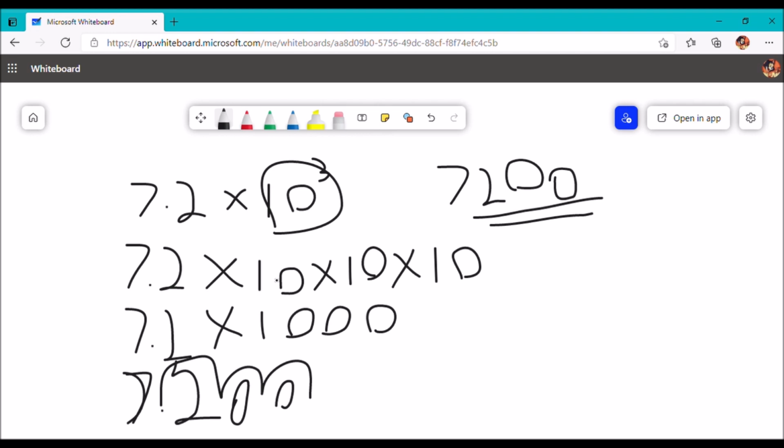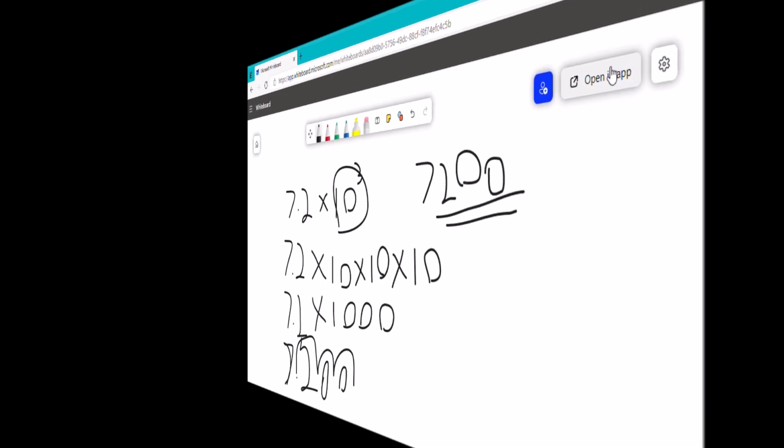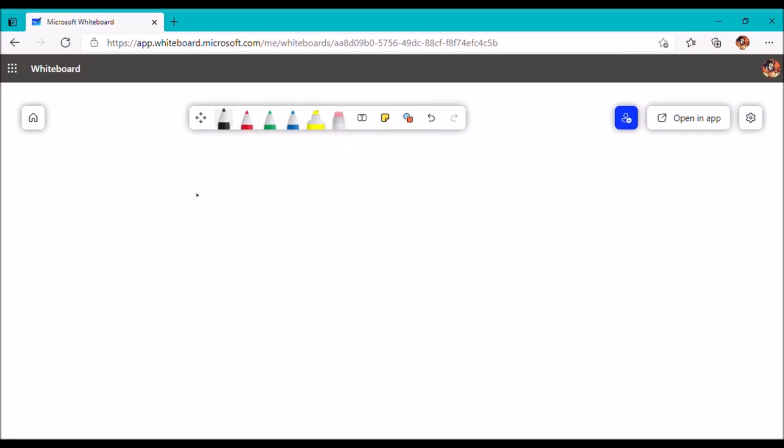So then let's talk about multiplication of index numbers and division of index numbers. Okay, so if we come across a question like this, we can see the bases are the same.